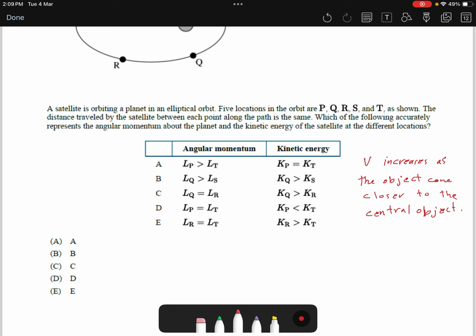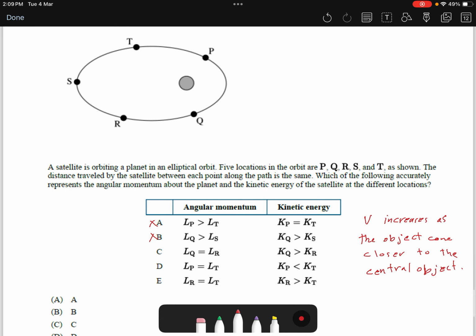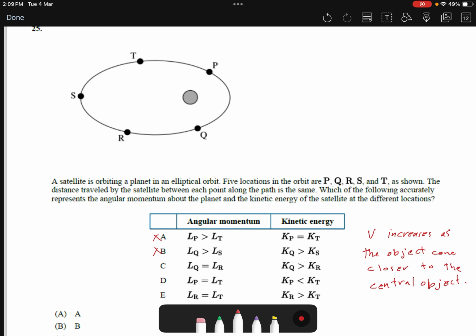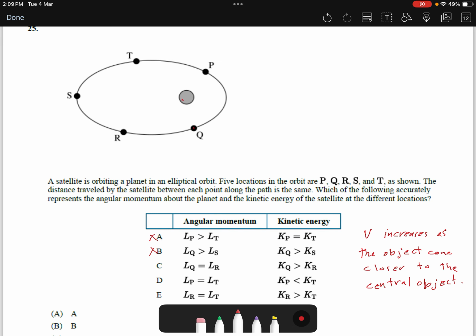Okay, so we agreed L is not changing, so we cancel A and B. Now, since V is increasing when it comes closer to the central object, and the question is asking which one of those is right, let's see Q and R. Q is closer, so Q is faster.